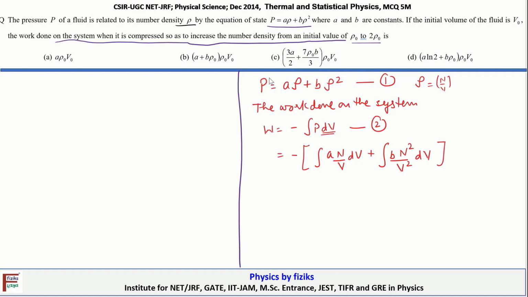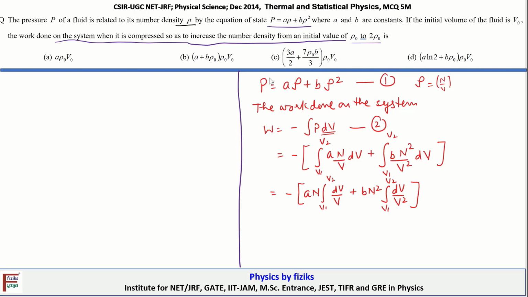So that is the expression for the work done, and upon integration, if we assume that volume changes from V1 to V2, we obtain minus, outside, A n integral V1 to V2 dV by V, plus again the constant term outside, B n square integral dV upon V square, V1 to V2, and then close the bracket.